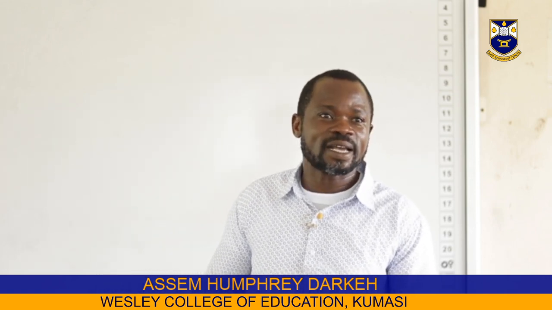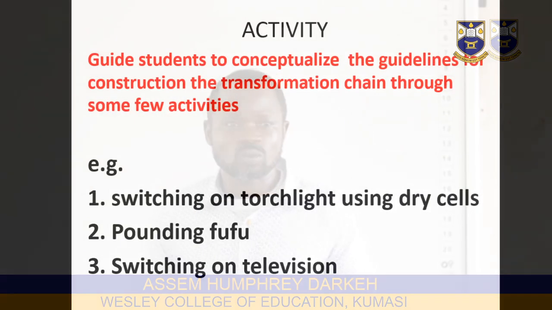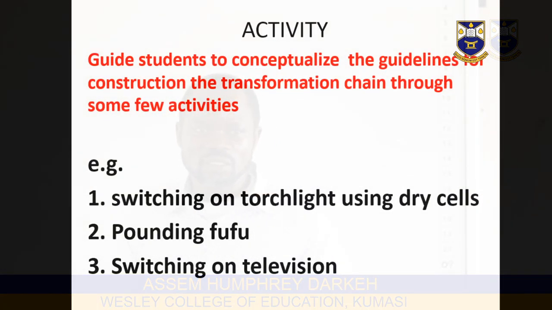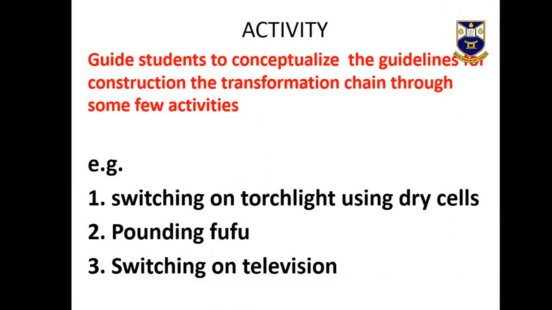And so we may guide our students or take them through switching on a torchlight using dry cells, pounding fufu, switching on a television, ringing of a bell, riding a bicycle, and all the other examples that I've given. And they will be able to realize how energy changes from one form to the other.